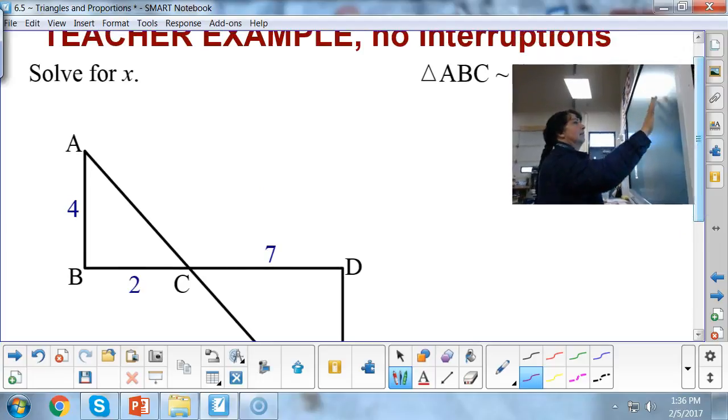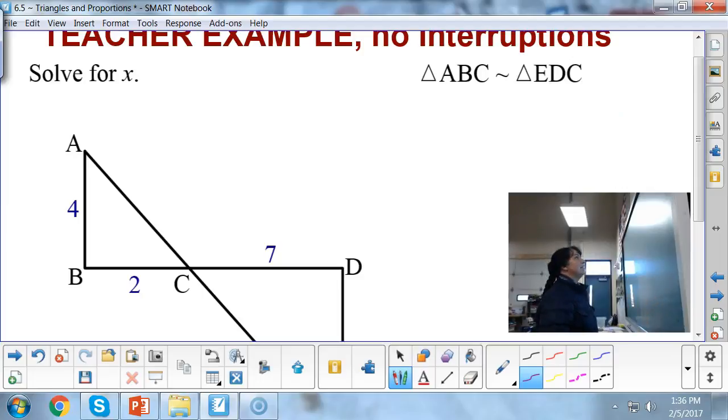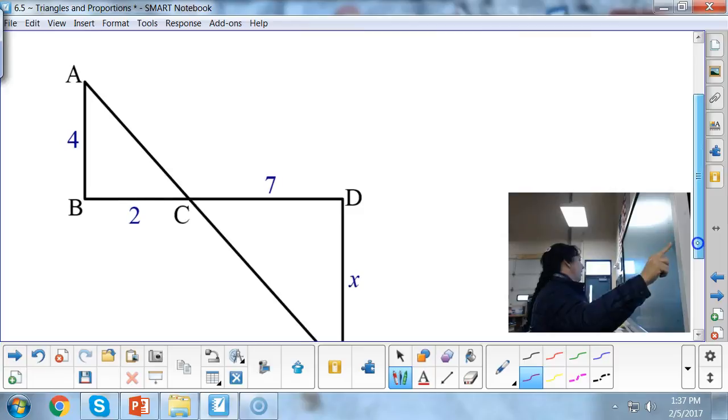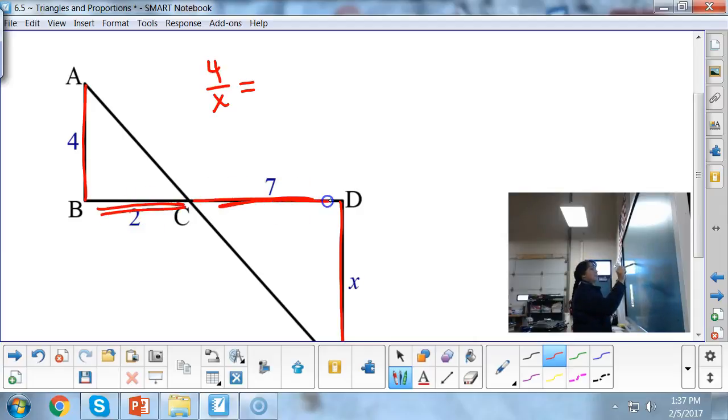And in this case, let's scoot this down here for now. ABC is similar to EDC. So 4 over x is equal to 2 over 7. Okay, same steps as the other problems.